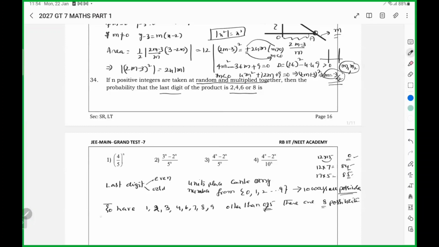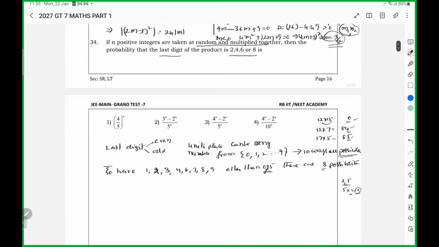Why am I not considering 2 comma 5? If you take 5 into 4, 0 will enter. But finally, we should not consider 0. Whenever 5 into some even number comes, 0 will come. So I want to avoid such a possibility.